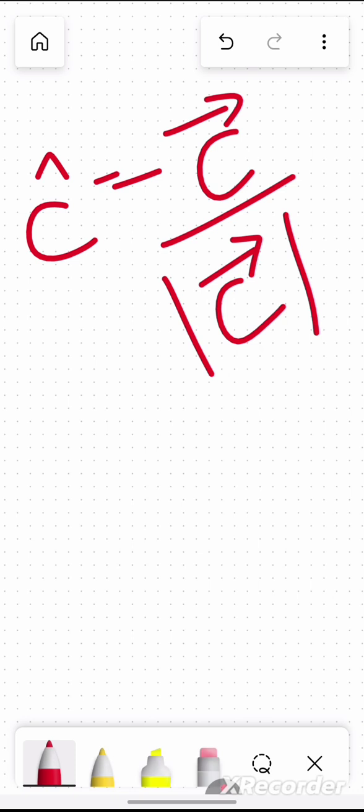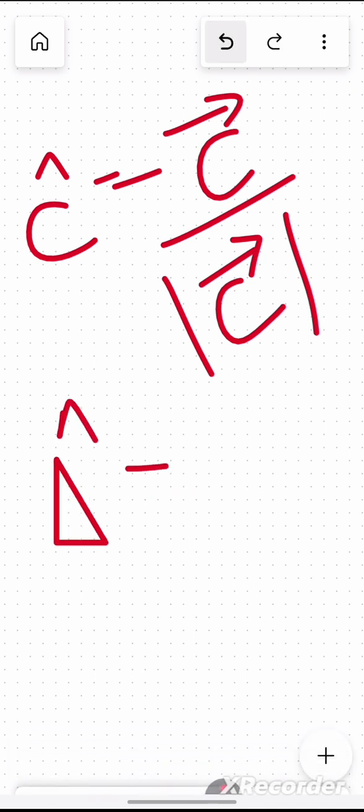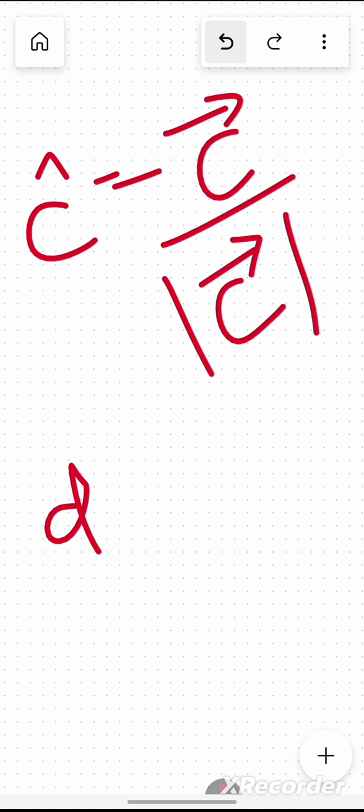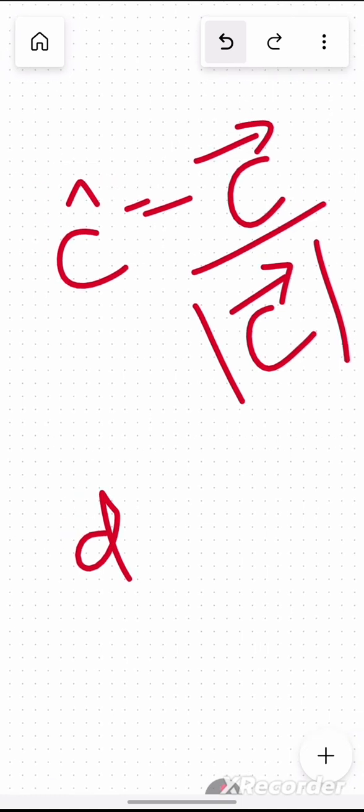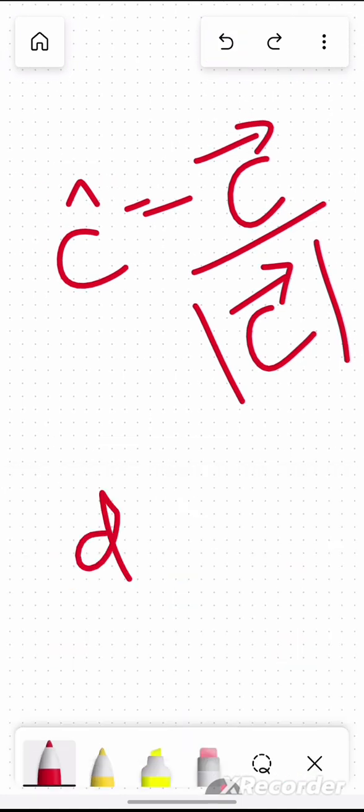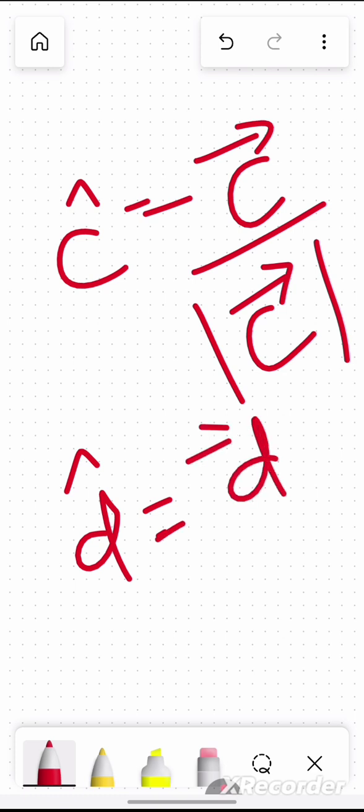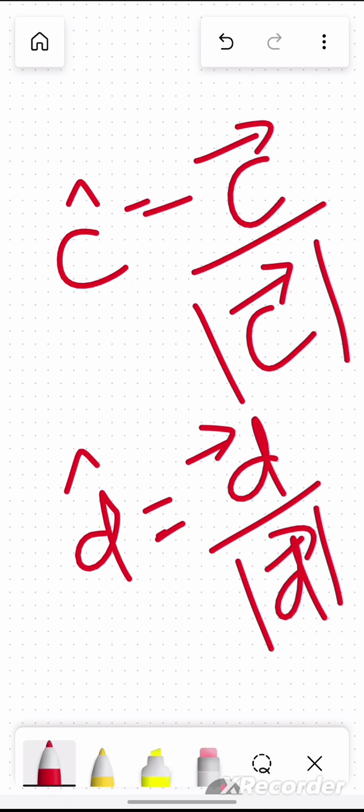If I have another vector D, then D cap will just be that vector D divided by its magnitude, as simple as that.